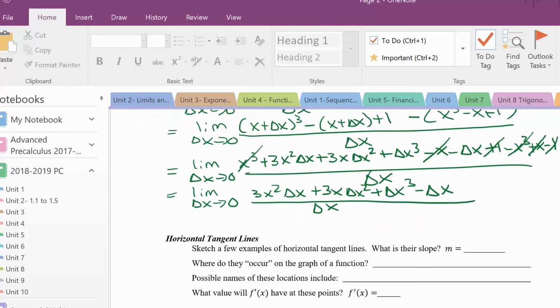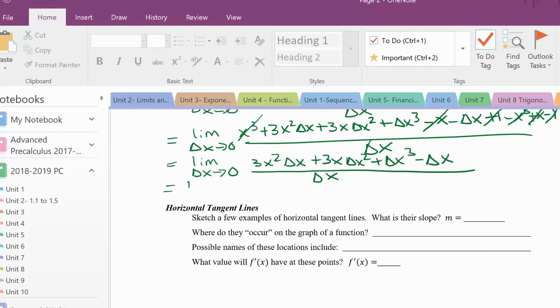So if you notice, they all have a delta x in common. So I'll factor that out so that, notice they'll cancel. So you basically have 3x squared plus 3x delta x plus delta x squared minus 1.